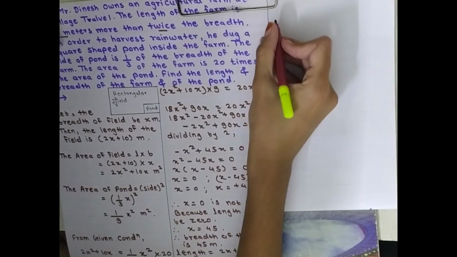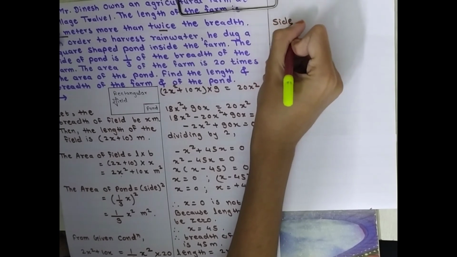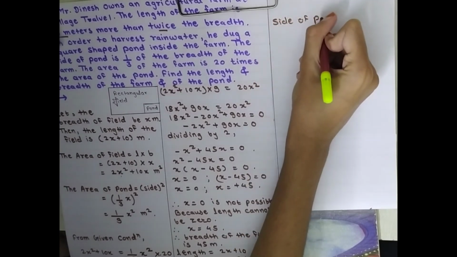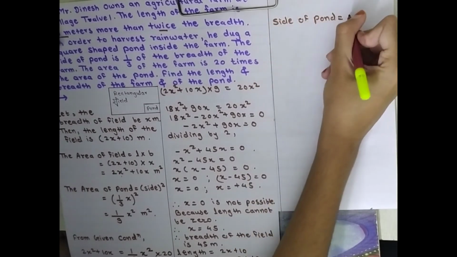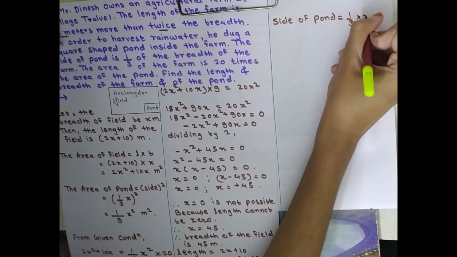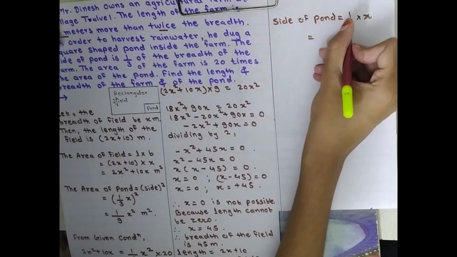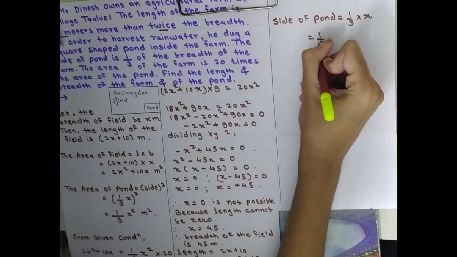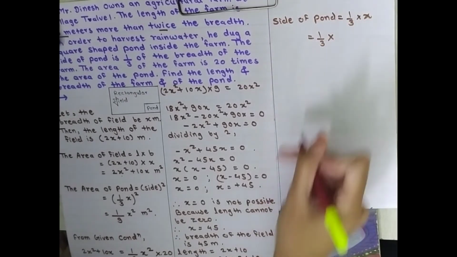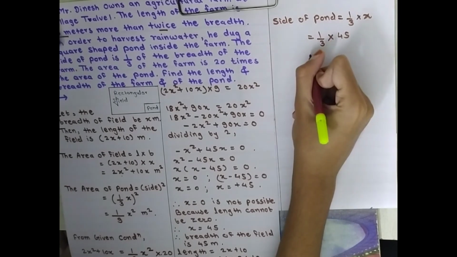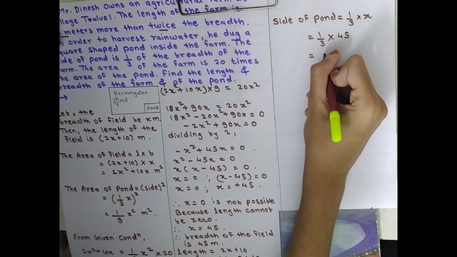Next we have to find the side of the pond. So side of pond is 1 upon 3 into x. So side of pond is equal to 1 upon 3 multiplied by x, which is 45. So side of pond is 15.